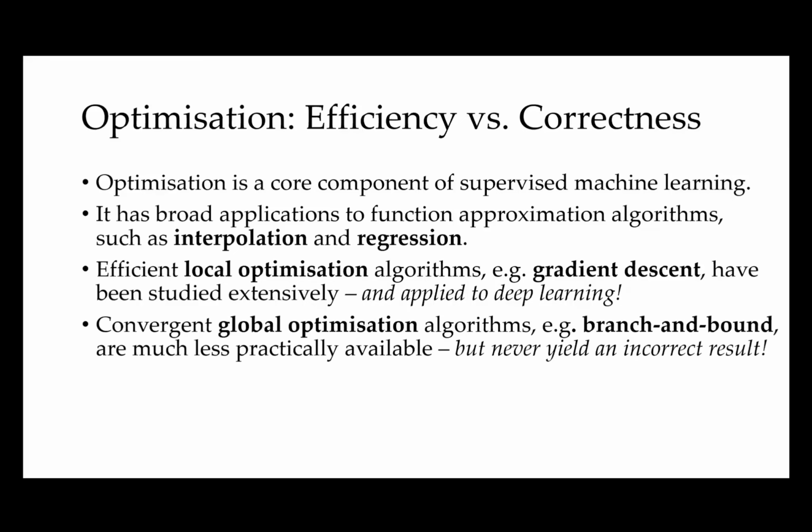But the other side of this, which is correctness, is global optimization algorithms, such as these branch and bound style algorithms, which some people may be familiar with. They're much less practically available. But something interesting about them is that they never yield an incorrect result. So there's a trade-off of efficiency and correctness here, but really what we would like to get to is a point where we can have correct results efficiently as well.